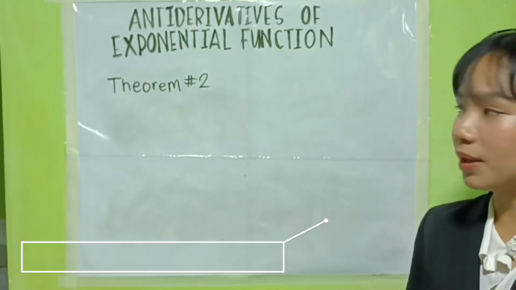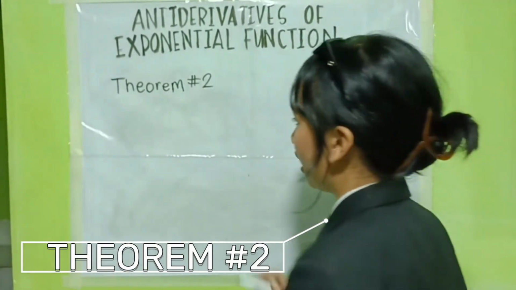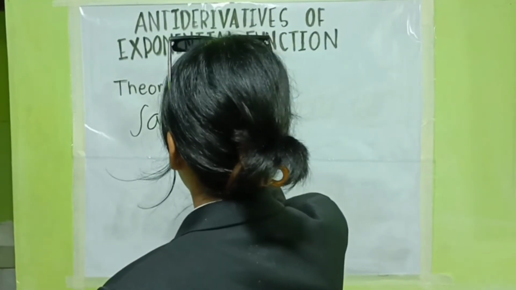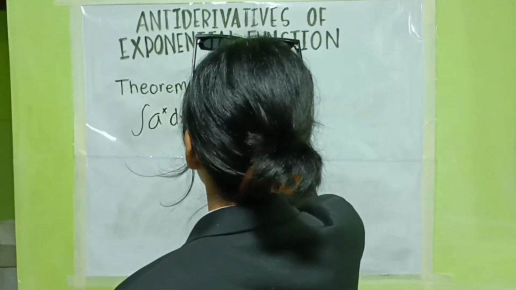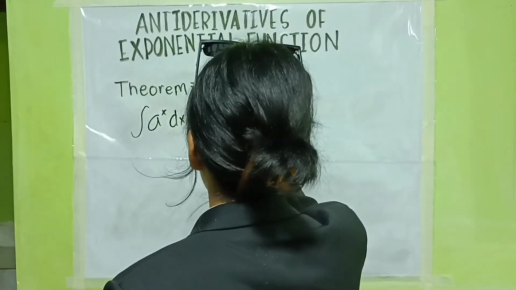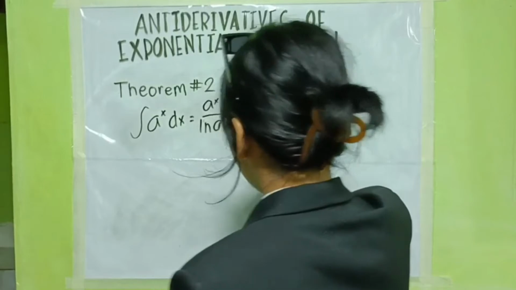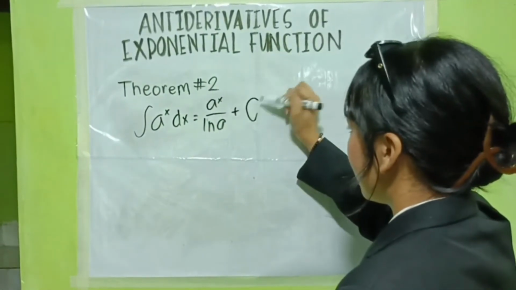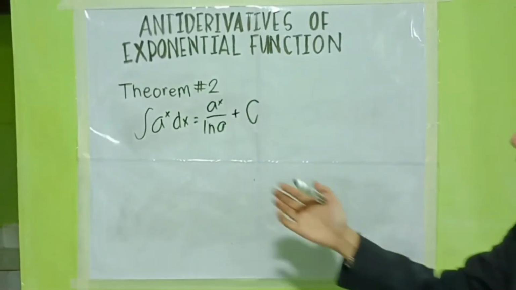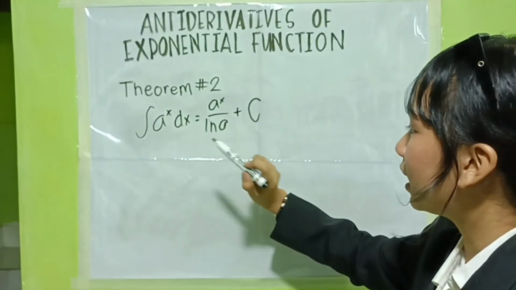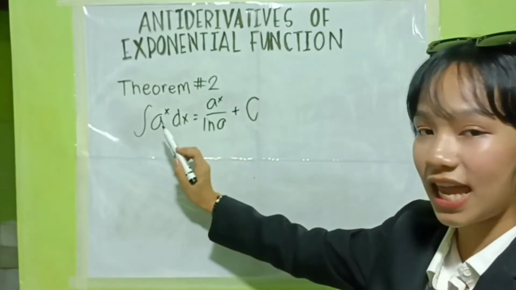For theorem number 2, we have the formula: the integral of a raised to x dx is equal to a raised to x over ln a, or natural log of a, plus the arbitrary constant c. This formula tells us what we should differentiate to get a raised to x.